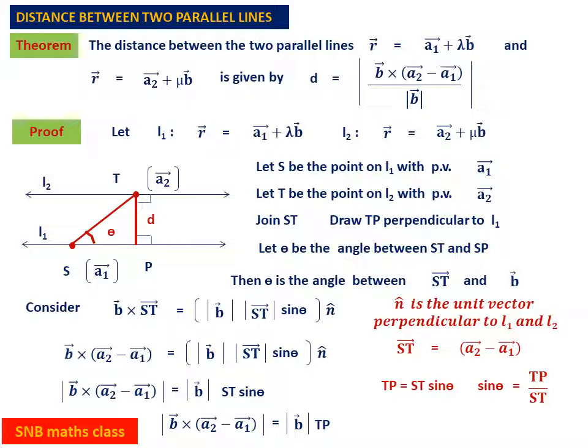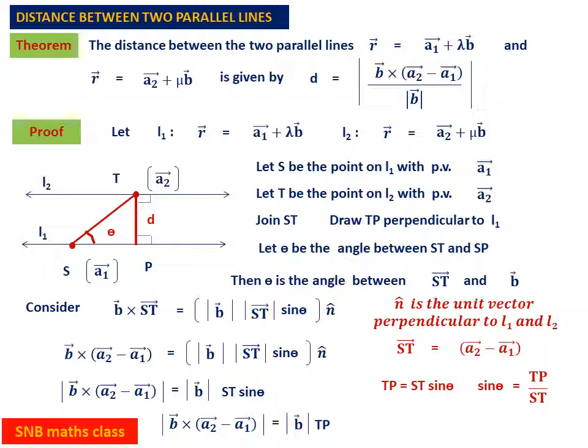The moment I write ST sine theta, I need not write magnitude because ST is the line segment length, sine theta is anyway positive. Therefore after taking the mod, please observe left side it is magnitude of B cross A2 minus A1, that is equal to magnitude B ST sine theta.